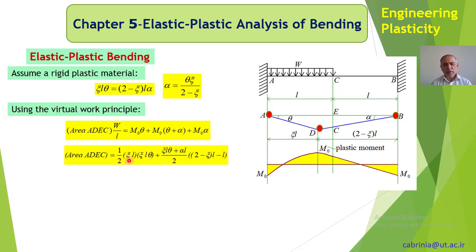So area of the triangle is half XIL from here to there, that triangle. XIL theta is that, so that length times that length. Therefore, this height of the triangle times the base of the triangle divided by 2 is the area of this triangle.